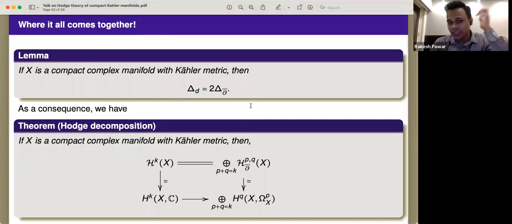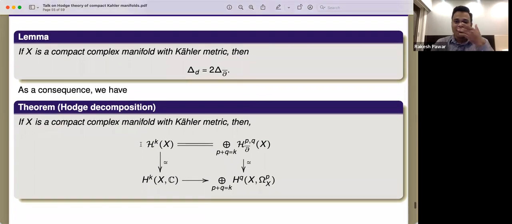Now we put everything together. X is a compact complex manifold with Kähler metric. Then we identified H^k(X, C) with the harmonic k-forms by the decomposition theorem that I earlier stated, via de Rham cohomology.